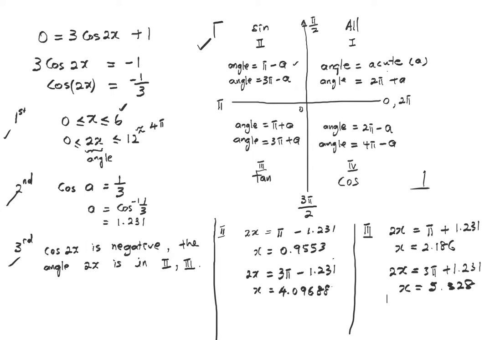I show it to you to let you know how your mind must think. You get me? Exam, you don't have to write all this. You don't have to write first, second, third step. No need. You have to train your mind to do that. So during the exam, I would just say, corresponding acute angle is this. Then I start to work out on here already. You understand? You get me? But I have all this in mind.